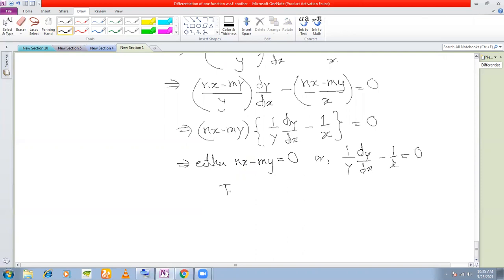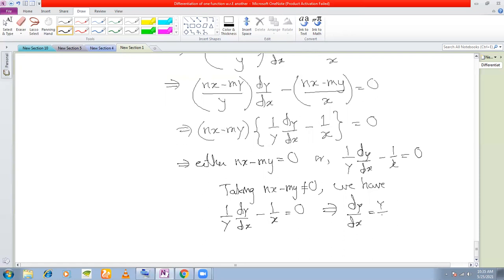Now if I take the first part as non-zero, that is taking nx minus my not equal to 0, then the second part must be 0. 1 by y dy dx minus 1 by x is equal to 0. So you can simplify this to get dy dx is equal to y by x, and that is what you are required to prove. Okay, so I'll stop here.